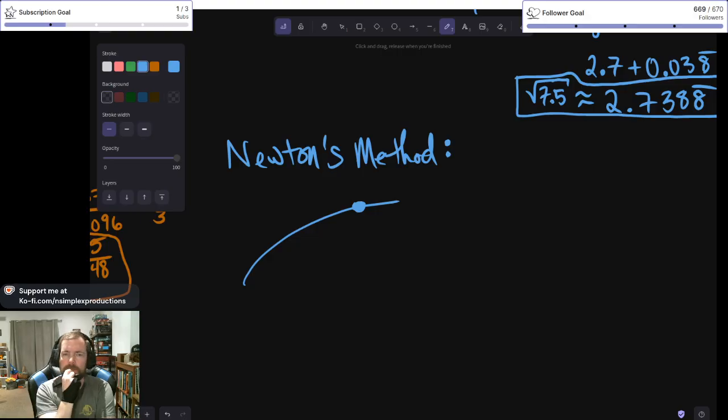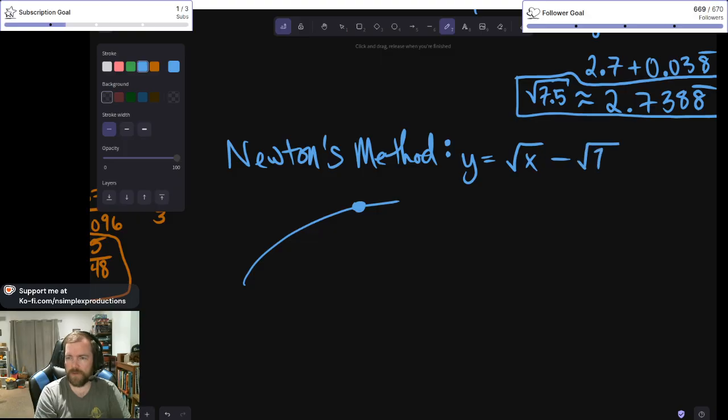This is not going to be a zero of this function. In theory, we could do this. I haven't done it this way before, but it's fine. What we're going to do is say that our function, the one that we want here, is going to be y equals the square root of x minus the square root of 7.5.